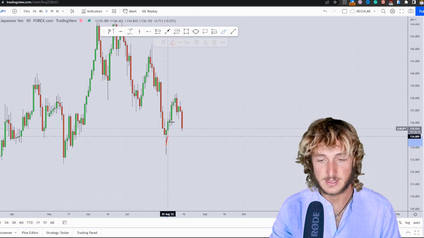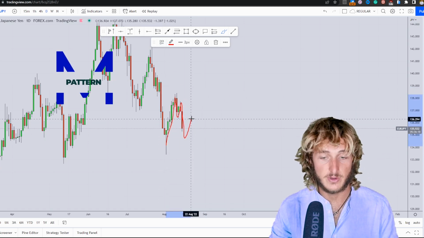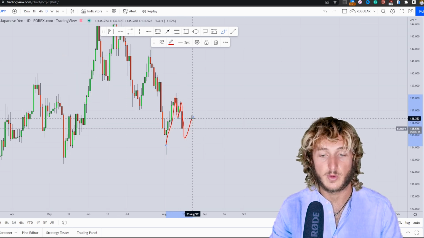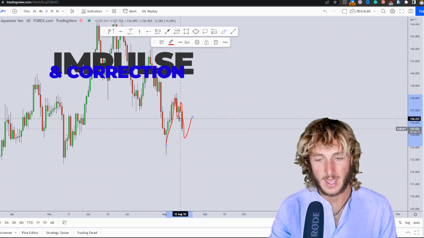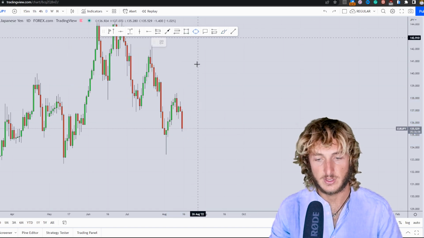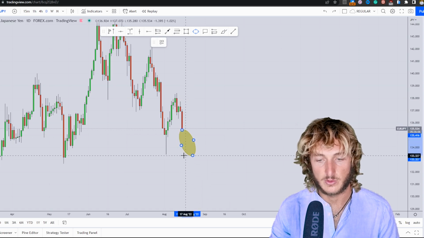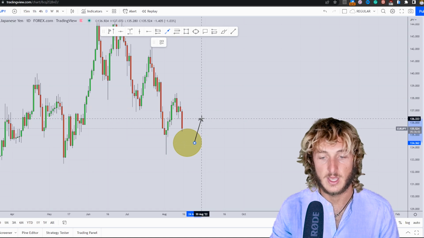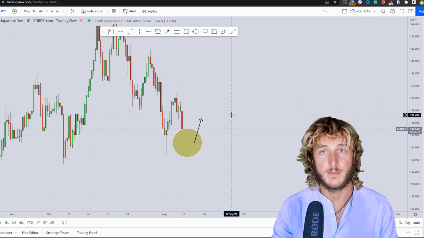What this indicates is that since we have an M pattern, there is a very high probability that after this impulse gets completed, the market provides a correction and completes the pattern at the neckline. So there is definitely a possibility to see the market create a rejection higher, providing a short-term longing opportunity back to the neckline of the M pattern.